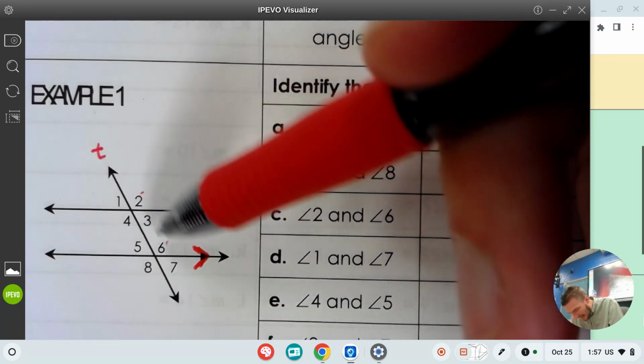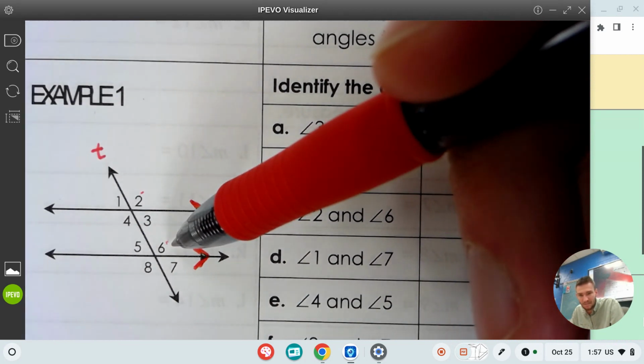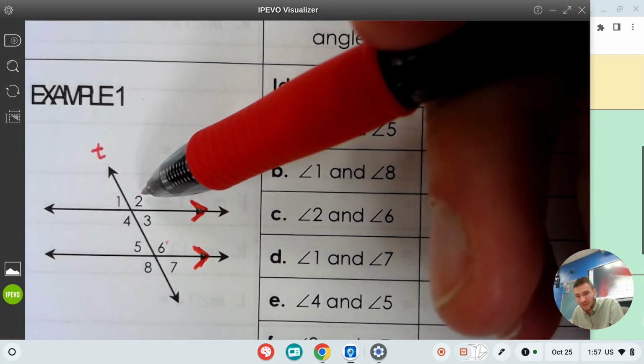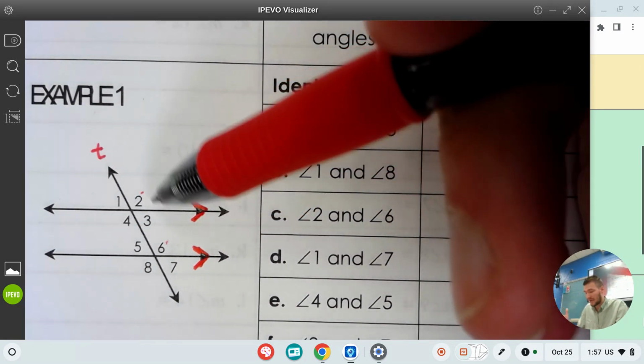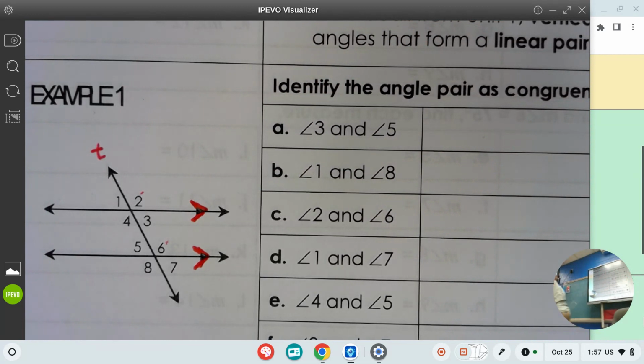How do their angles look? Angle 2 looks obtuse, and how does angle 6 look? Also obtuse. In fact, it looks exactly the same. Angle 2 is looking exactly like angle 6.